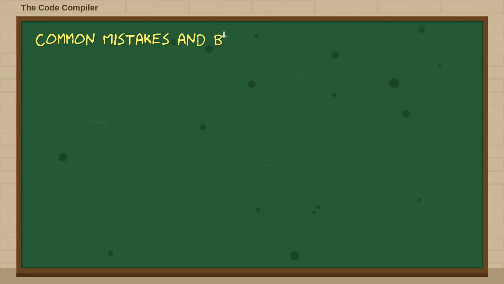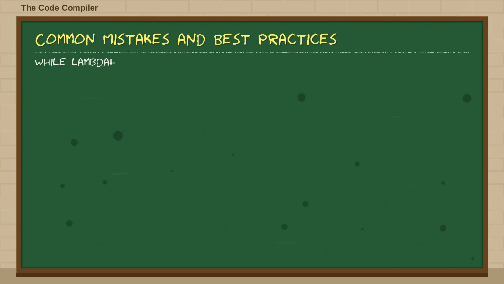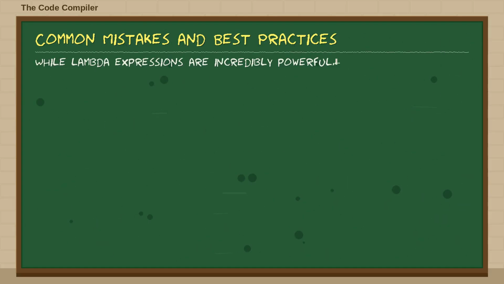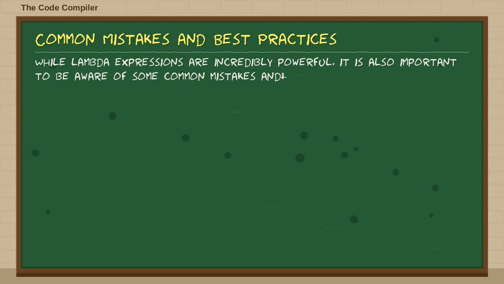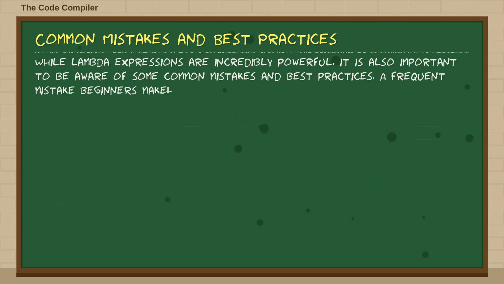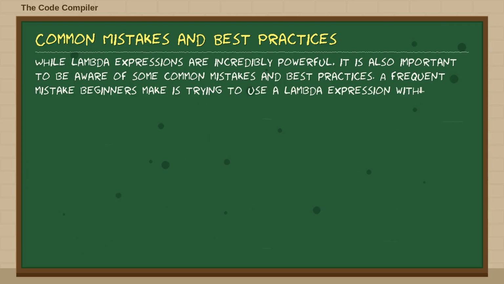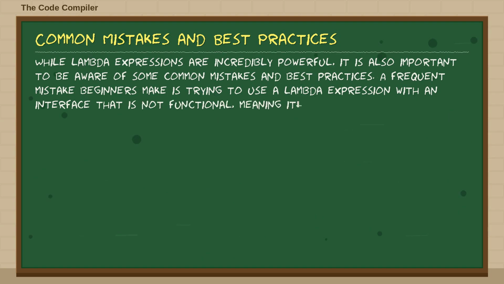While lambda expressions are incredibly powerful, it is also important to be aware of some common mistakes and best practices. A frequent mistake beginners make is trying to use a lambda expression with an interface that is not functional, meaning it has more than one abstract method.